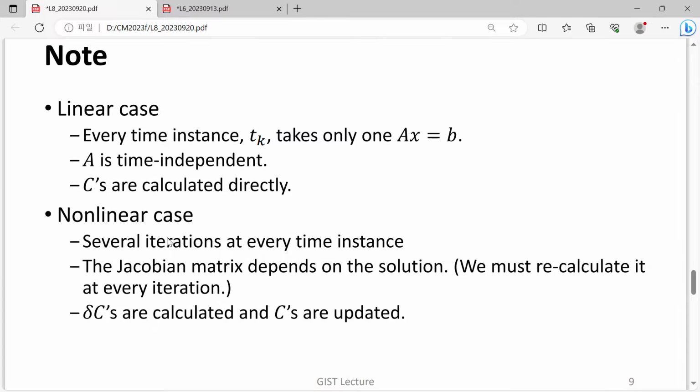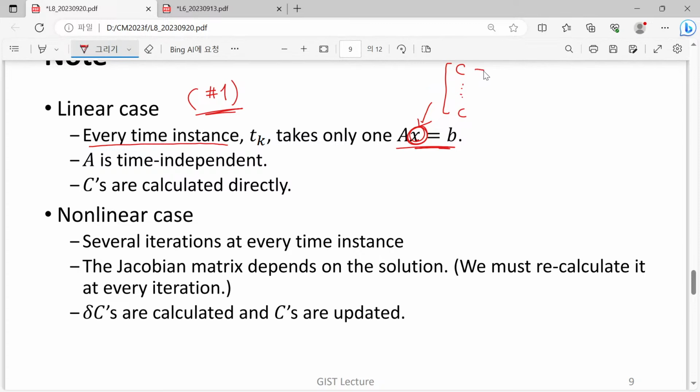I have one note slide. In the case of the previous linear case, our problem number 1, at every time instance the calculation takes only one matrix solve, because previously this x was just a vector for your concentration.